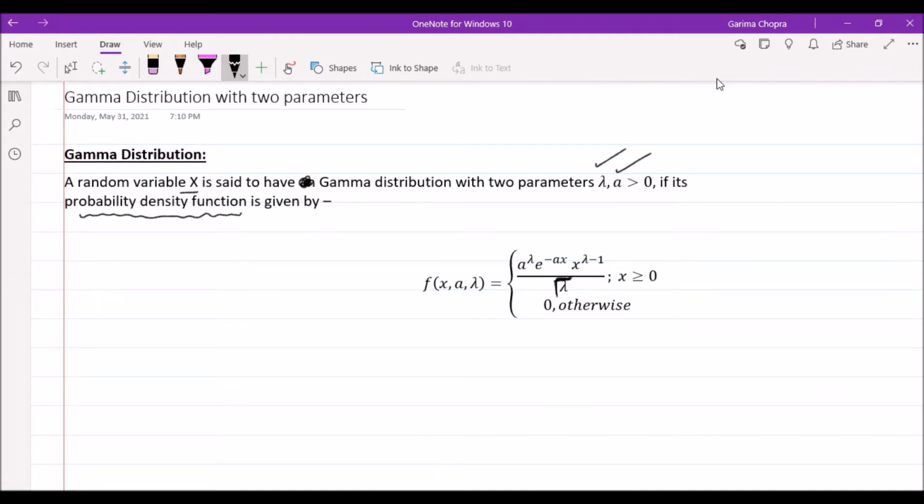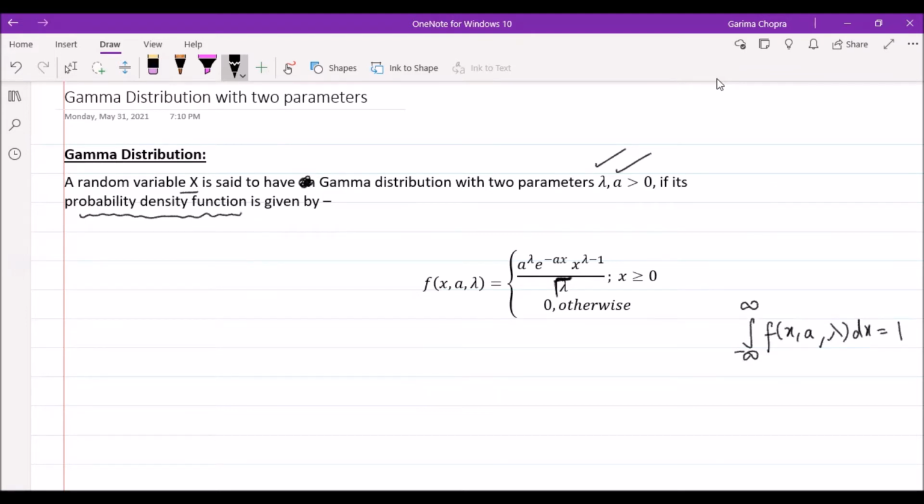So very easily we can verify that this given function is a PDF: it is integrable, it is non-negative, and if we integrate this function from minus infinity to infinity, then we will be getting 1.